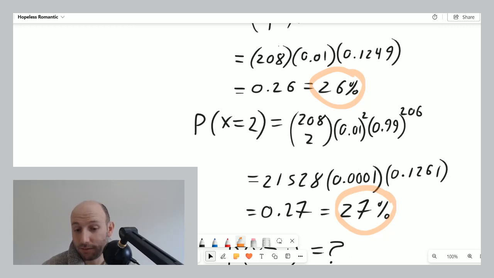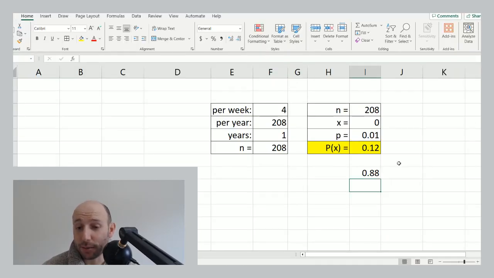Now, you might think, well, 88% chance, I mean, that's still not 100, but we only looked at 1 year. What if we bring it to 2 years? Okay, so 4 times a week, that's 208 times a year. Over the course of 2 years, that's 416 trials.